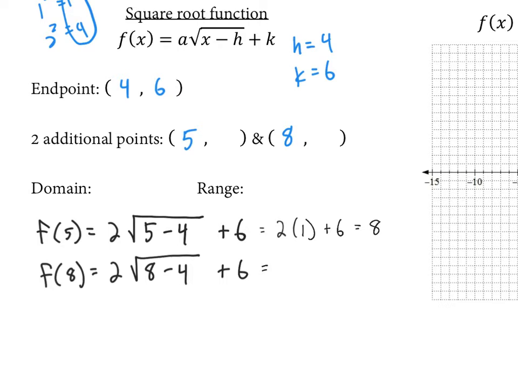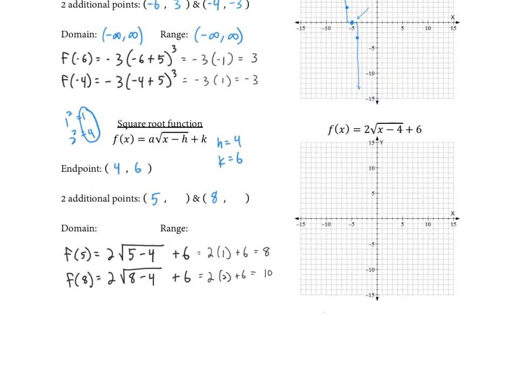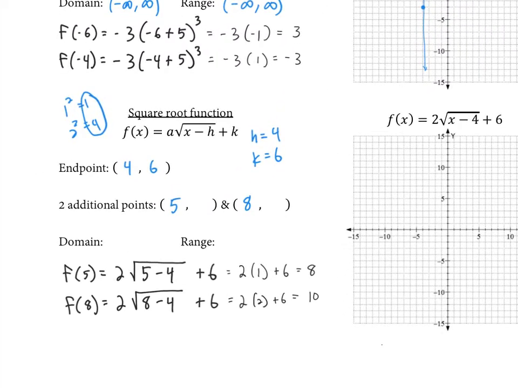Okay, next one, 2 times the square root of 8 minus 4. 8 minus 4 is 4, square root of 4 is 2. Okay, 2 times 2 is 4, plus 6 is 10. So plug in 5, you get 8. Plug in 8, you get 10.